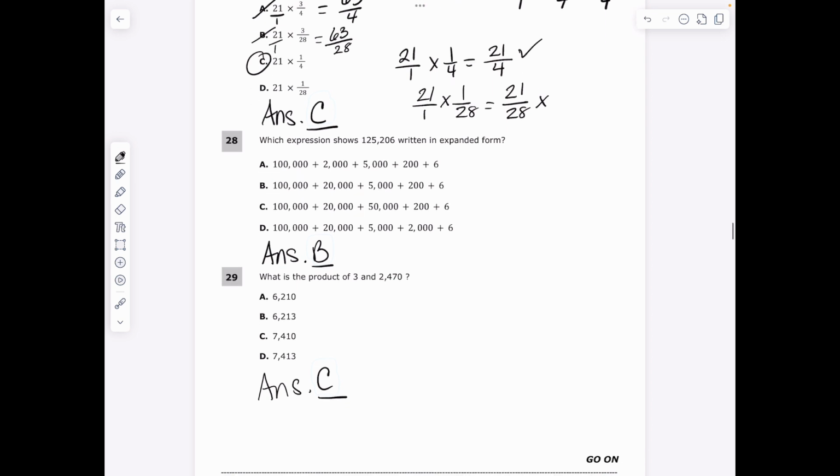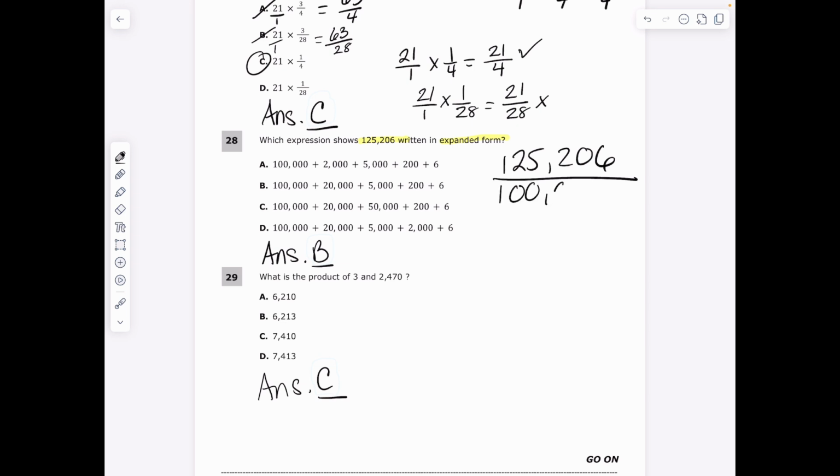C, place value. Which expression shows 125,208 written in expanded form? So I'm just expanding this out. I would just rewrite the number, and then I would just start from the biggest number.